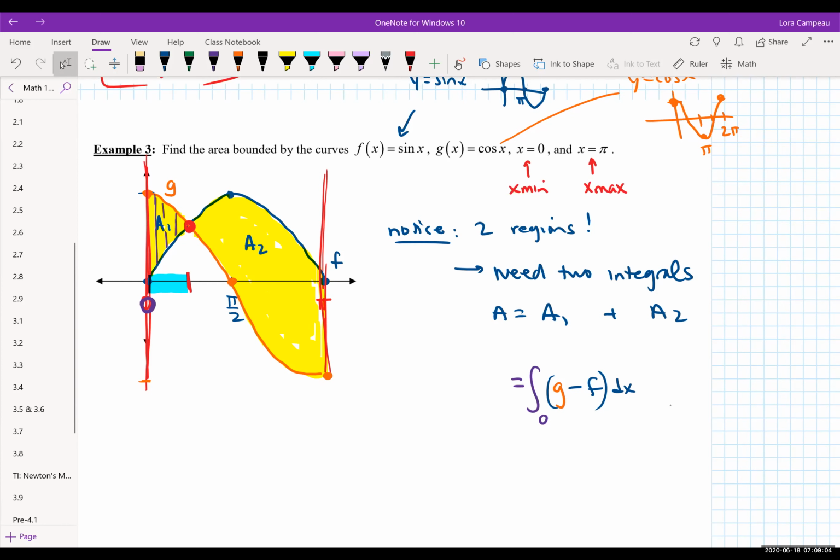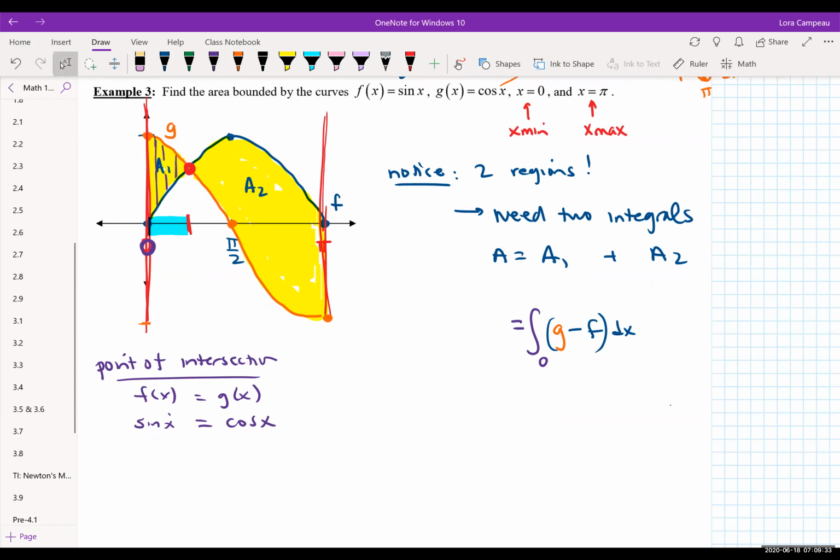So remember, the points of intersection, and actually there's only one point of intersection, is when your f of x equals your g of x. Our f of x in our case was sine x, and our g of x was cosine x. With a little bit of trig, you're saying, well, when is the sine equal to cosine?